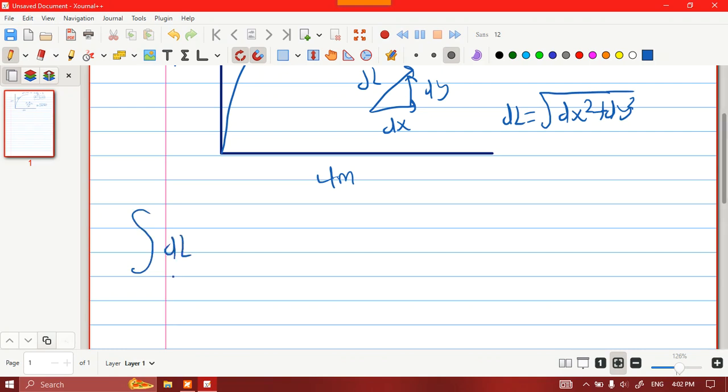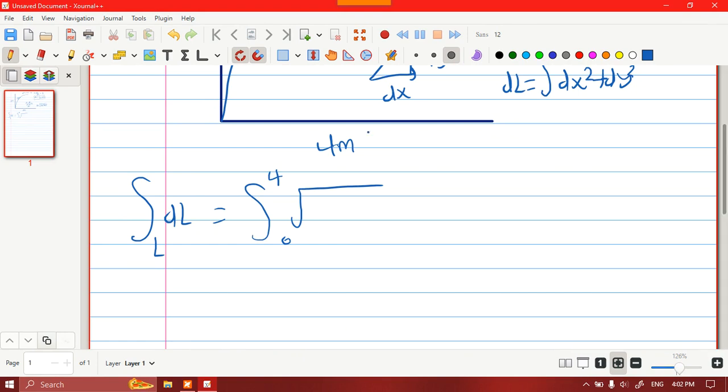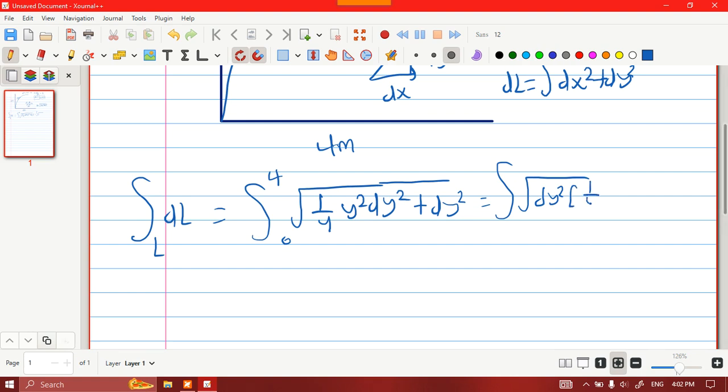The length of the rod L will equal the integral from 0 to 4 of the square root of dx squared, which is 1 over 2y dy, so it will become 1 over 4 y squared times dy squared plus dy squared. Taking dy squared as common factor, yielding 1 over 4 y squared plus 1.